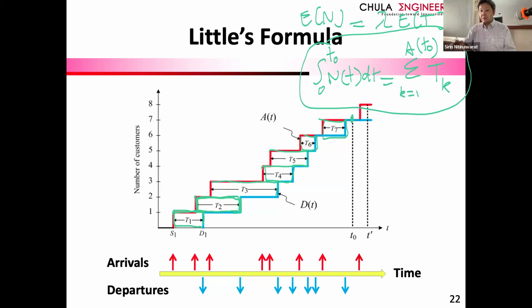First of all, if you want to get the honest estimate of average number of customers, you need to normalize, right? So on the left side, you need to normalize by the time horizon, so you get 1 over T0. But on the right side, if you want to get to the average time each customer spends in the system, you also need to normalize by what?